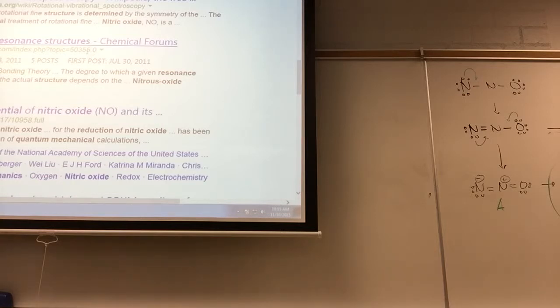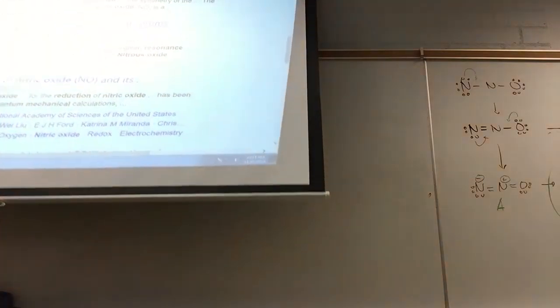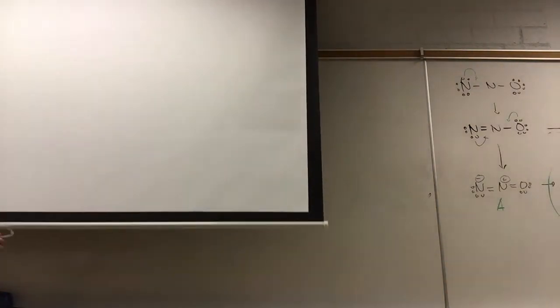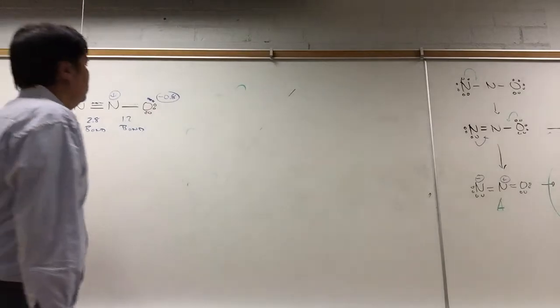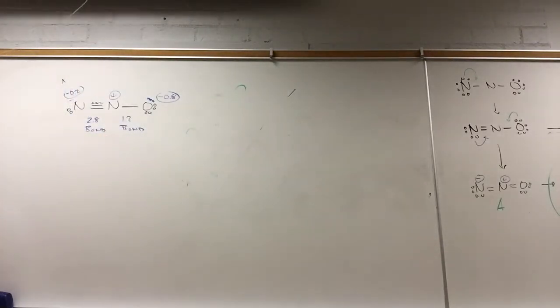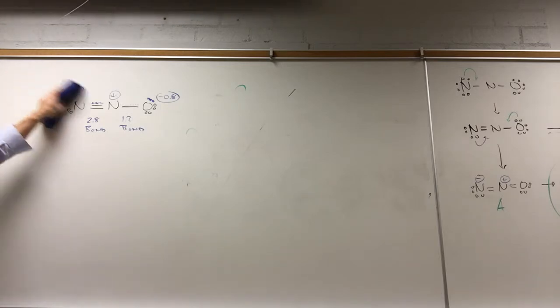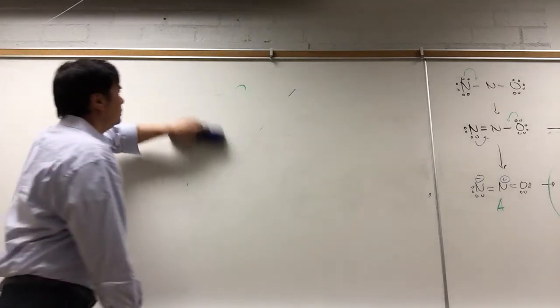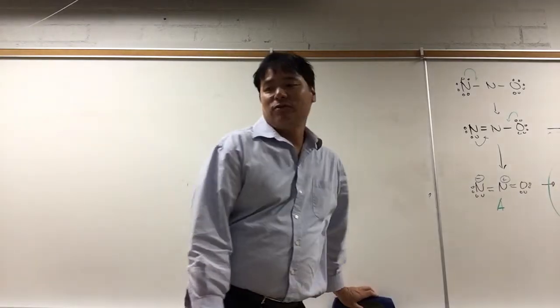It looks like most of these are reactions, nitrous oxide, so skip those. So keep this in mind. We said an 80-20 split. Let's do some quantum mechanical calculations and see what kind of charge we generate on these, and which form is more dominant by how much. All right, that's resonance forms.